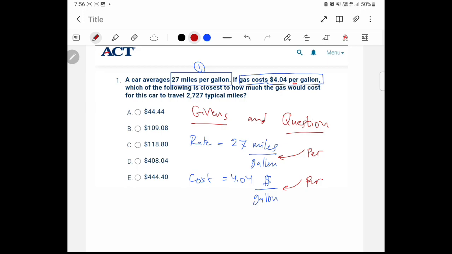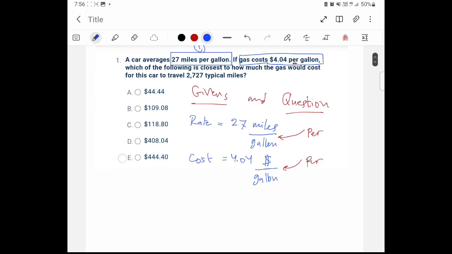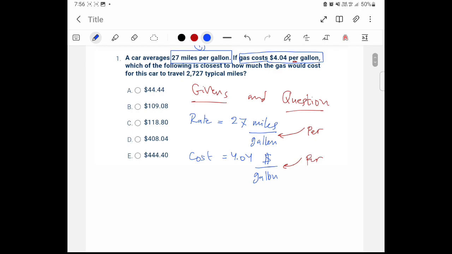Now these are the givens. The question is how much gas would cost for this car to travel 2,727 miles. So it's good to have a quick sketch. If the car starts the trip at 0 distance, then how much gas will it cost the car to travel 2,727 miles?